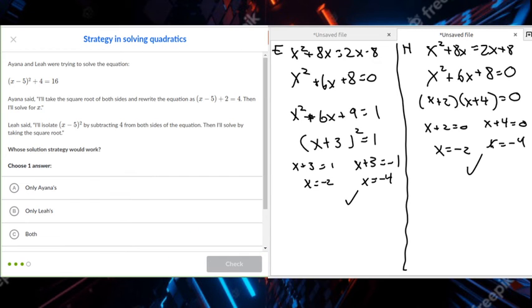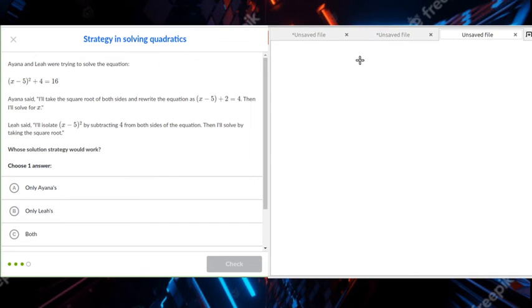Okay, and on our last one, a piece of paper so I don't end up with that situation before. I've got Ayana and Leia here, and they both start out with x minus 5 squared plus 4 equals 16.